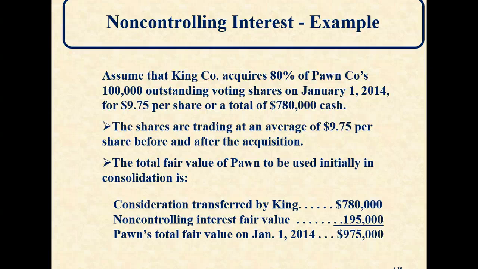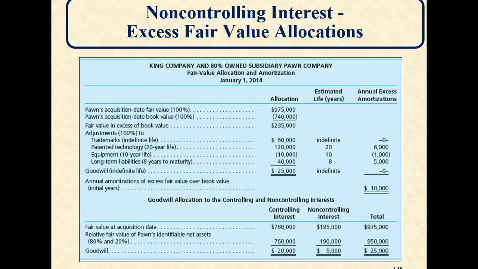So basically, we're not paying a premium for this stock. We're just buying it at the market rate, so we're going to assume that's the fair value. The fair value is what we purchased it for plus the stock price of the remaining 20%, which gives us a fair value of the whole company of $975,000.